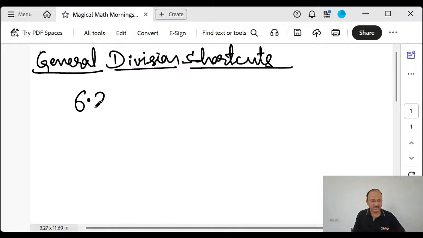Try to divide this one, 6.211 by 5. In the mind, we should always consider it double and write it by keeping one decimal place left.